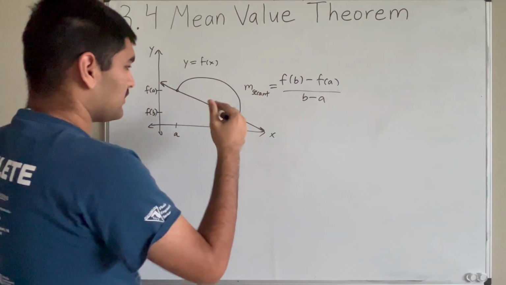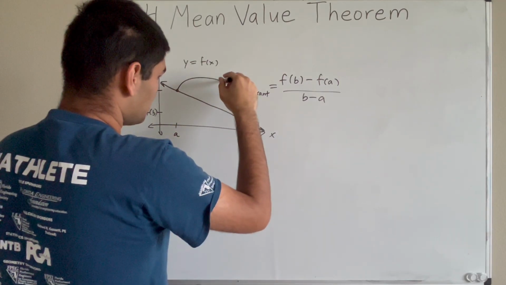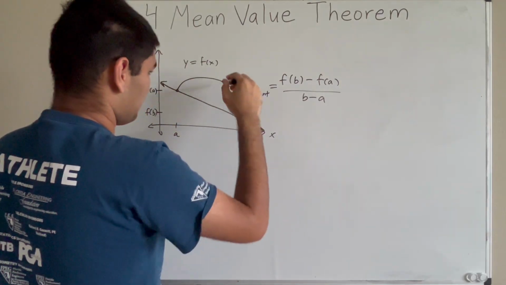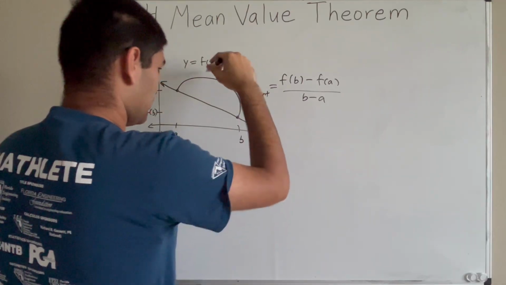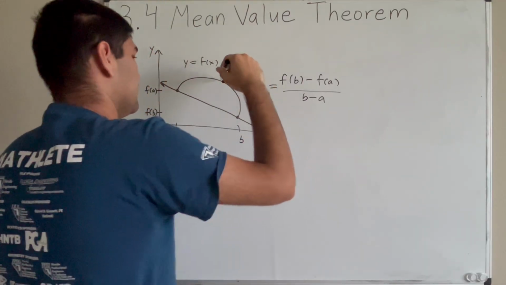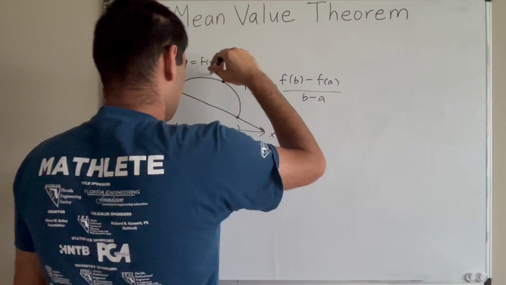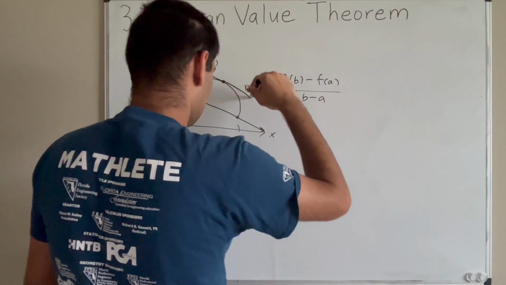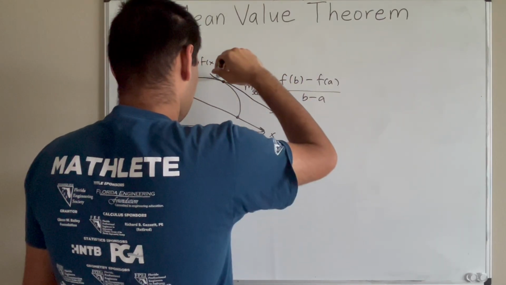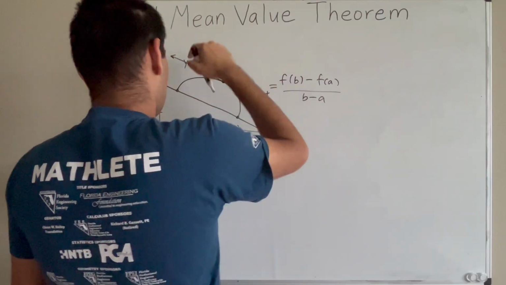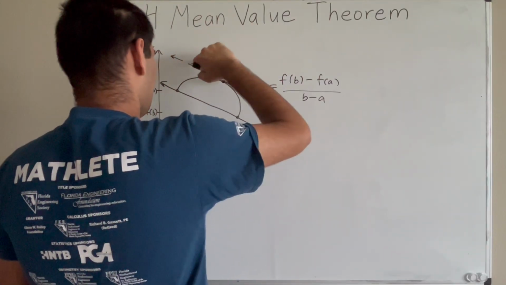Now it seems as if we draw the tangent line to the graph at this point right here. So let's draw the tangent line to the graph of f at this point that I just drew. It would look something like that.